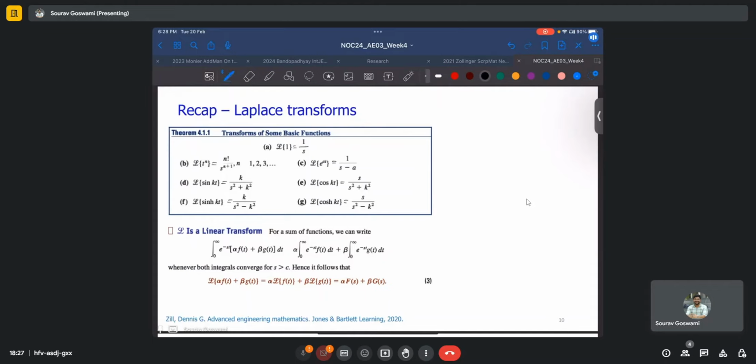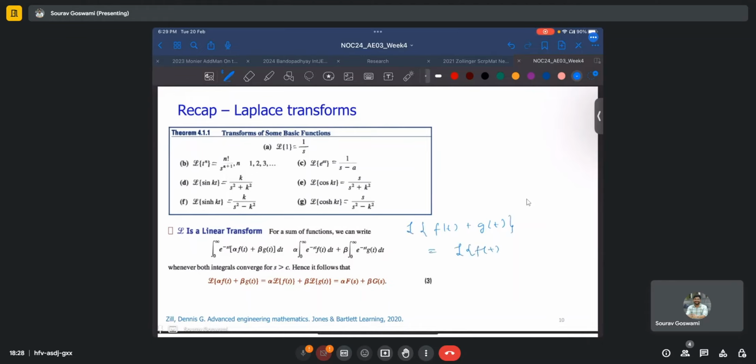Again, one important property of the Laplace transform is that it is linear. Remember, even differentiation and integration are linear, and so is the Laplace transform. So if you want to transform f of t plus g of t, the Laplace transform of the whole is equal to the Laplace of f of t plus Laplace of g of t.